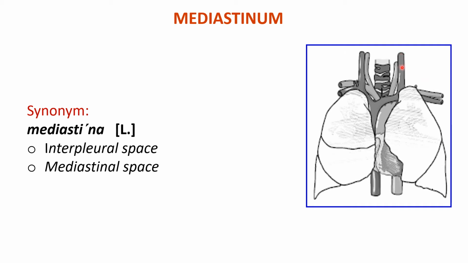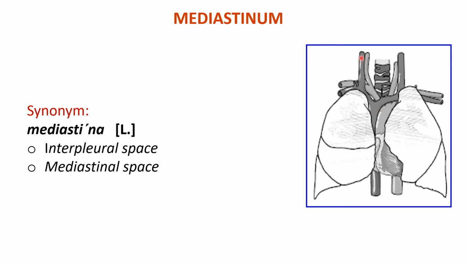And you can see the veins. This is the left internal jugular vein and the left subclavian vein. Both will join and form the left brachiocephalic vein.